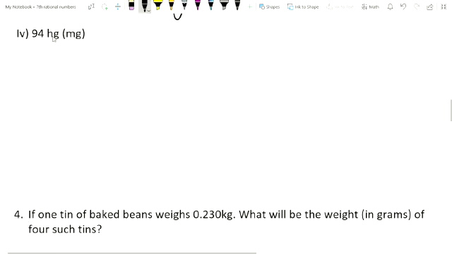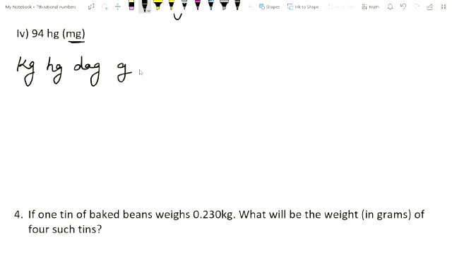94 hectogram we need to convert into milligram. First you write the order: kilogram, hectogram, decagram, gram, decigram, centigram, milligram. So hectogram we are going to convert into milligram. Larger to smaller, so we need to multiply. 1 step, 2, 3, 4, 5.